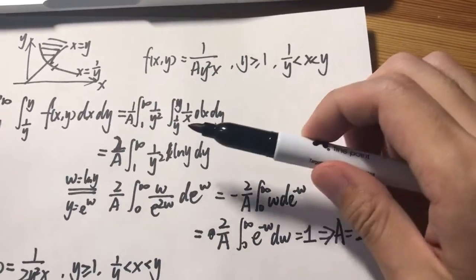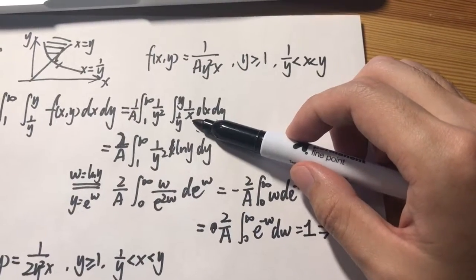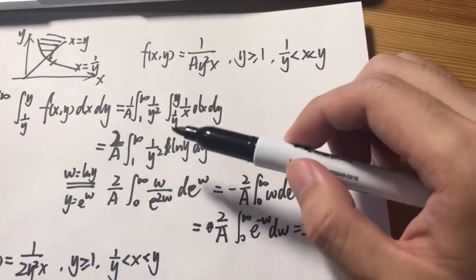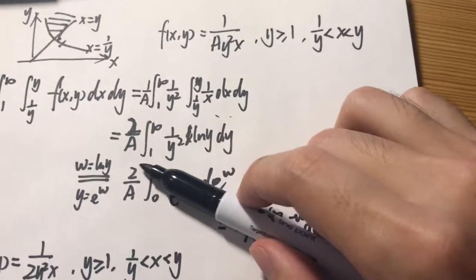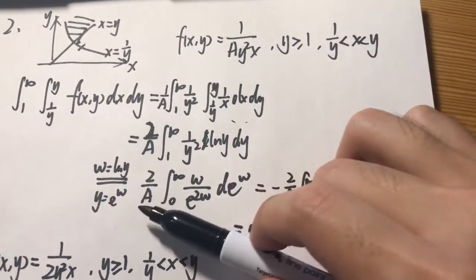Basically this is the integral process. This one is quite simple because we know the integral of 1 over x is ln x. So we get here, and this is quite intuitive.